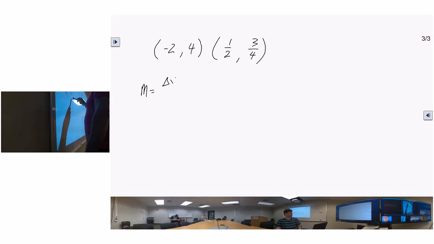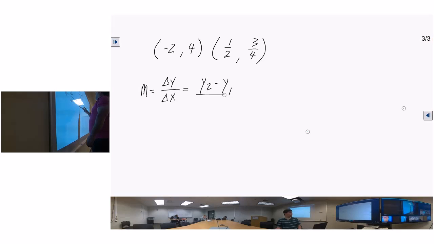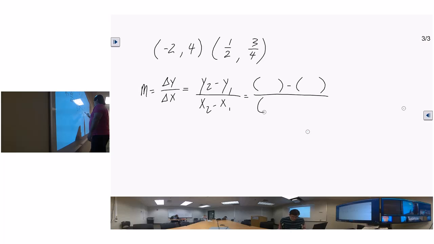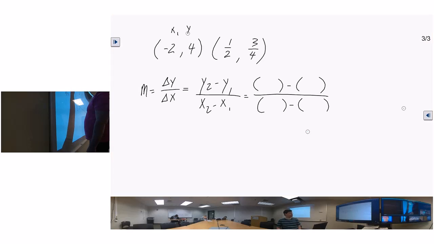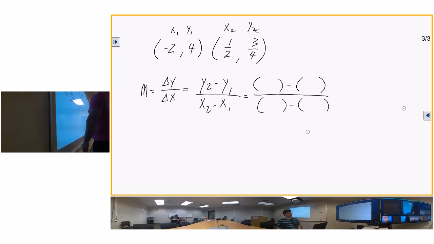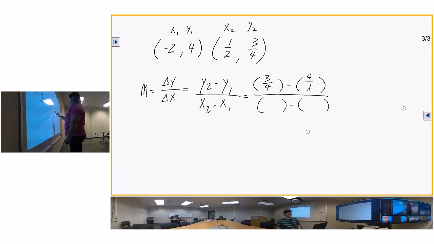Okay, Hubert, talk to yourself. Delta y over delta x equals y sub 2 minus y sub 1 over x sub 2 minus x sub 1. X sub 1, y sub 1, x sub 2. So, 3/4 minus 4 over 1, and 1/2 minus negative 2 over 1.